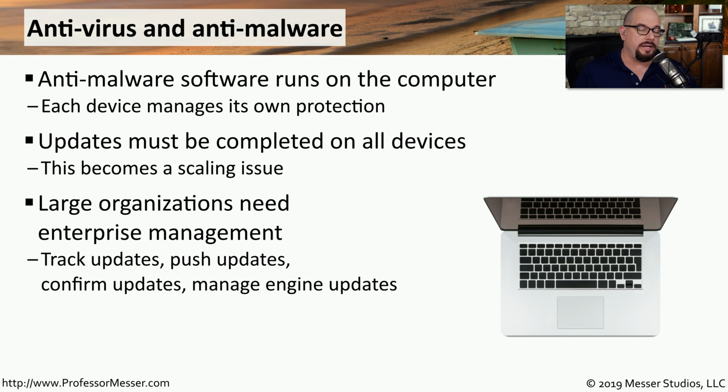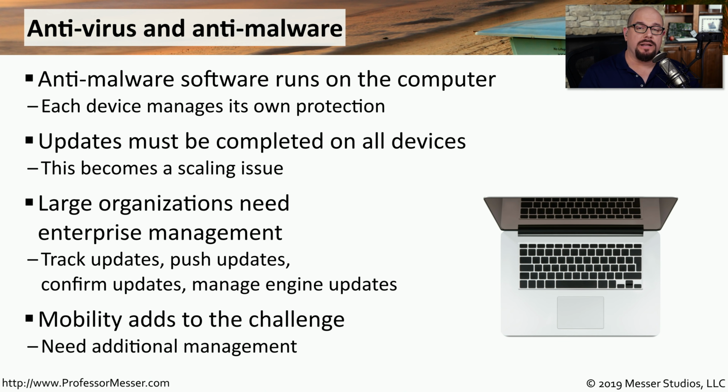For large organizations, there's usually some type of enterprise management where these updates can be tracked, updates can be pushed down to a device, and the system administrator can create reports that show how many systems are protected on your network. Layer on top of that challenge that we've become much more mobile, and we have to be sure that laptops and other mobile devices are protected from viruses and malware as well.